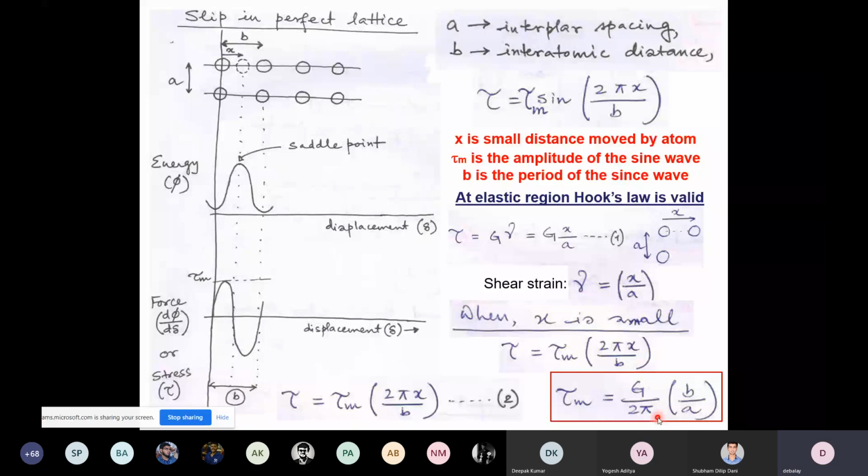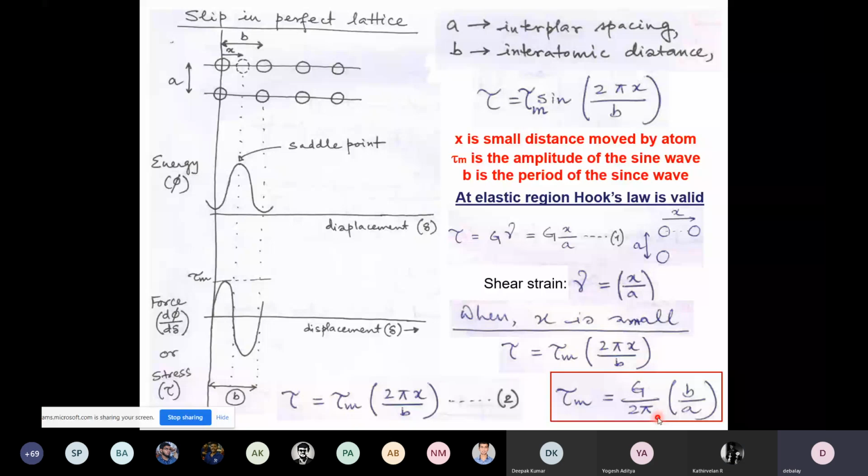Okay, so Peierls stress defines the slip plane and slip direction, and it tells which plane is the slip plane and which direction is the slip direction. Peierls stress defines that. Okay, Peierls stress. CRSS.